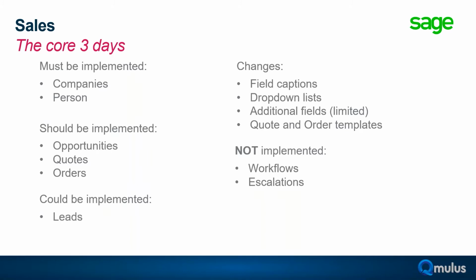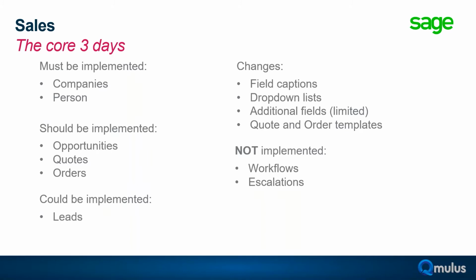Escalations are generally working off tables and views and data, and those are not necessarily finalized until right at the end of the project, and even sometimes after the customer's gone live for a couple of weeks or a month or two, and they start to tweak and change the system. So we would recommend that escalations are not implemented as part of a very simple, quick, out-of-the-box system.